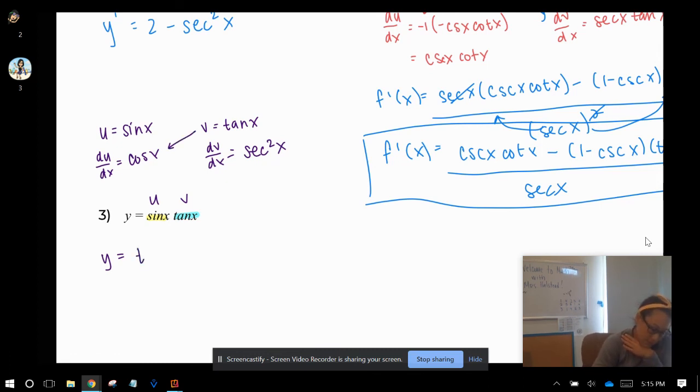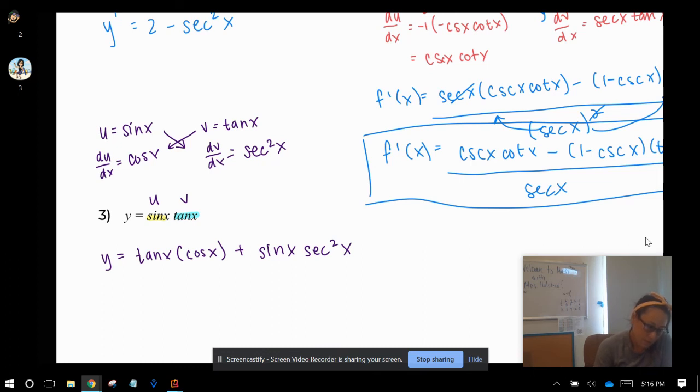So tangent x times cosine x plus right, sorry, I might have said those backwards, but because it's plus, it doesn't matter which way we write it. So sine of x times the secant squared x.